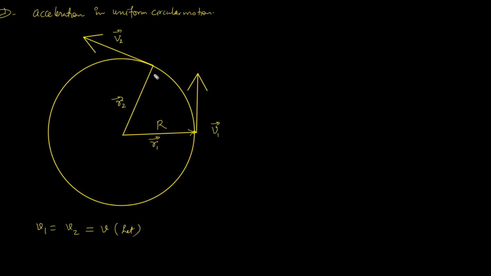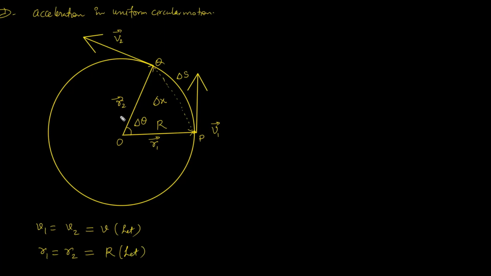Let's say this is P and this is Q, and this is the angular displacement, delta theta. The displacement is delta x, and the arc length is delta s. Again, because it is uniform circular motion, r1 will be equal to r2 in magnitude, which will be equal to capital R.